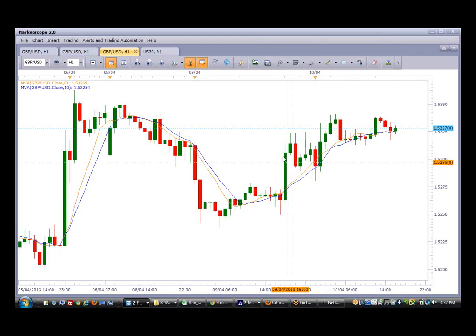Okay, so there is an inverse relation between the Dow Jones and the DXY, the US dollar index.